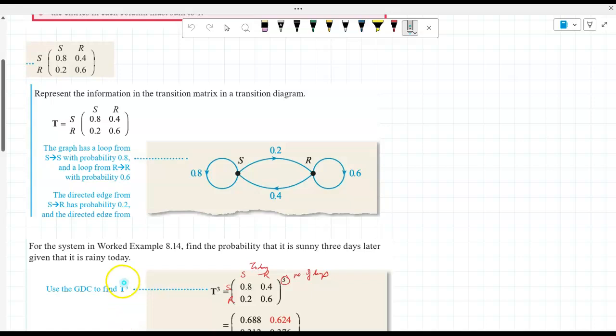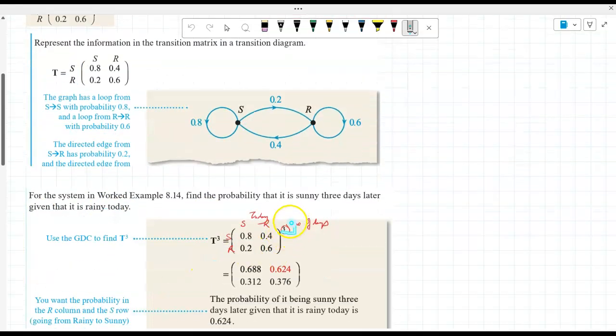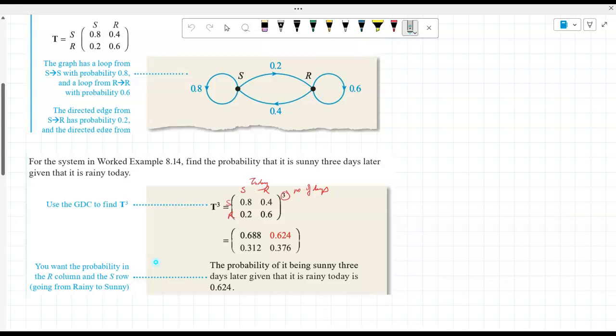Now, for a system, find the probability that it is sunny 3 days later, given that it's rainy today.